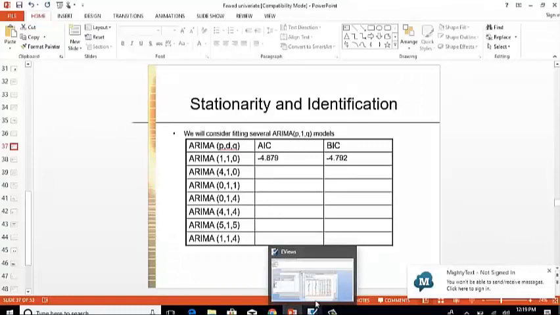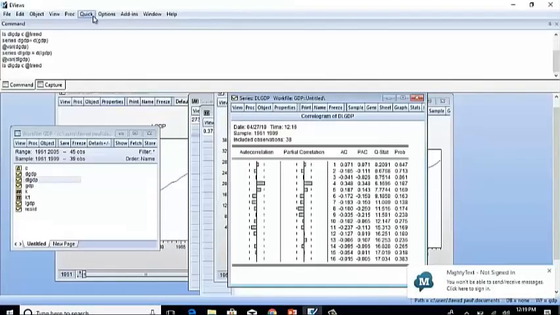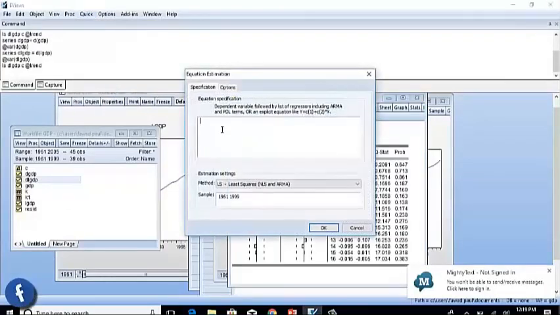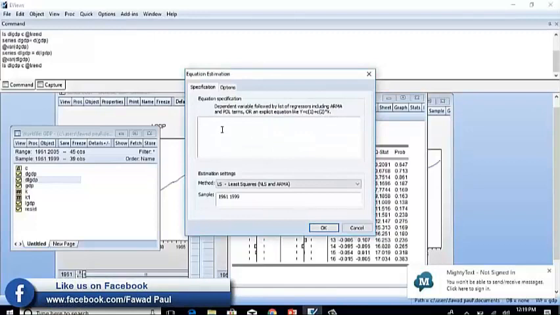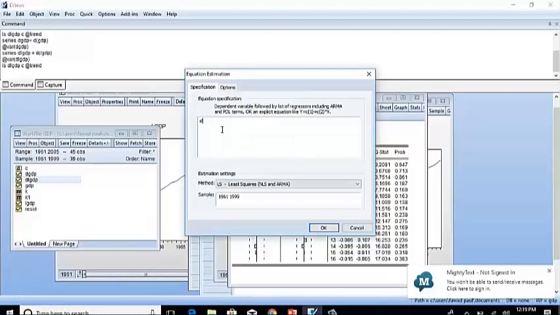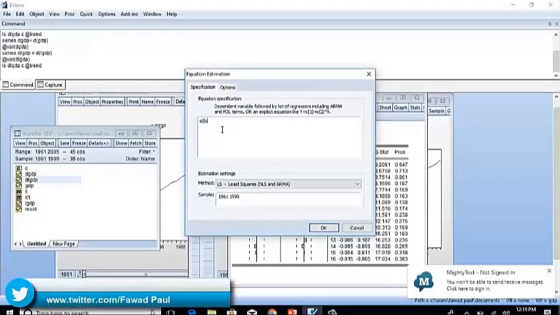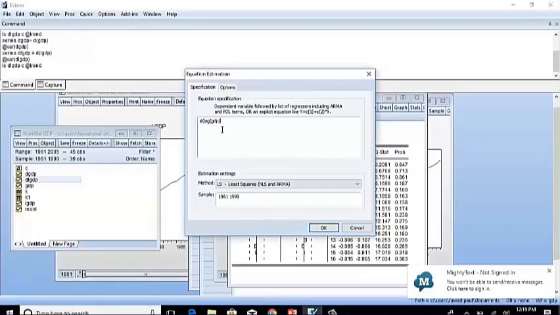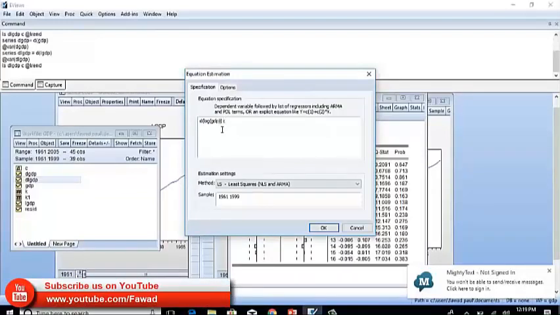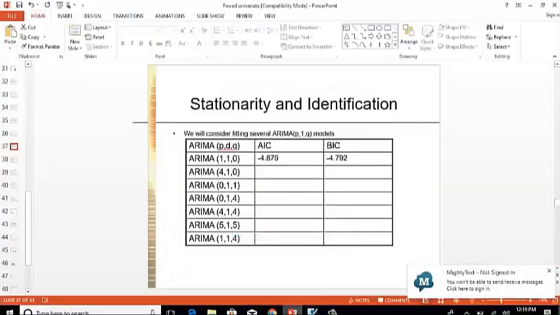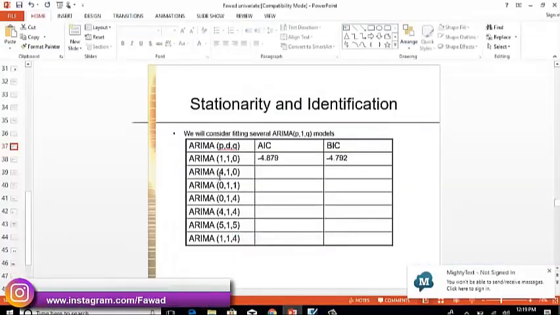So how can we find it? Go to quick, estimate equation, write ls, oh sorry, write d log GDP C. First I take AR4.